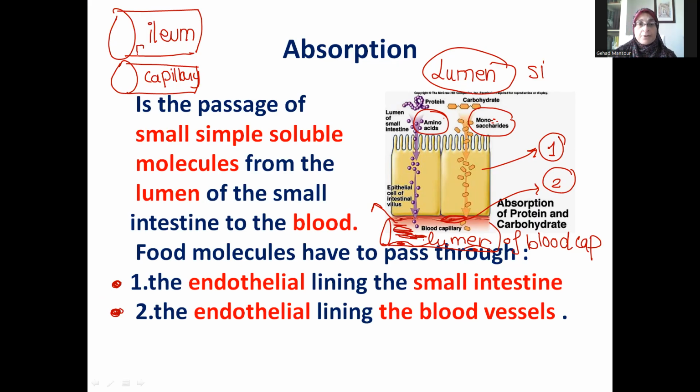And here the endothelium consists of tall cells with tiny finger-like projections, whereas here the endothelium consists of flat, small cells like these. They have to be thin in order to facilitate absorption, in order not to increase the barrier that is offered to absorption.